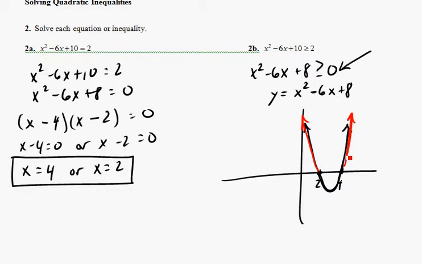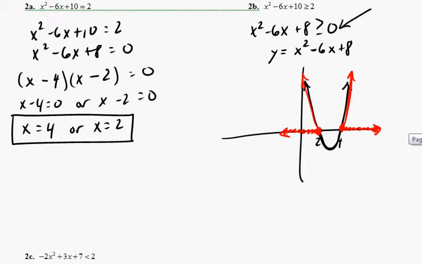And let's consider what x's go with those y's. Well, when x is 4, or anything to the right of 4. Or when x equals 2, or anything to the left of 2. So these are our solutions to this inequality.